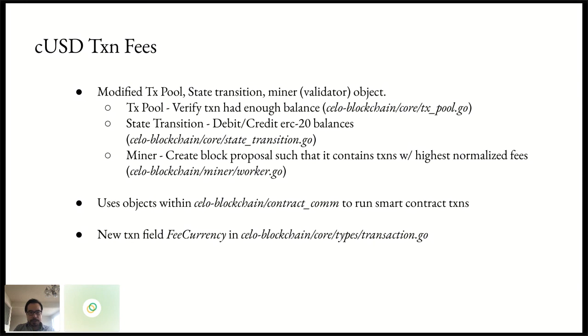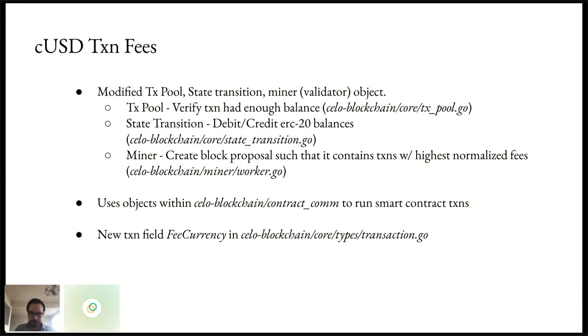Another place that we had to modify is the state transition object. Much of this object's responsibility is to handle, when a transaction is executed, what the resulting state of the transaction should be.